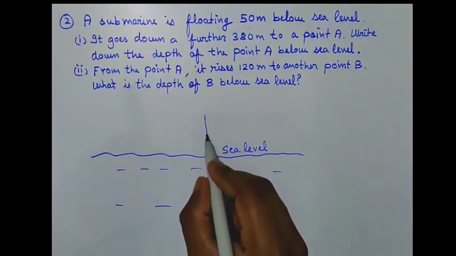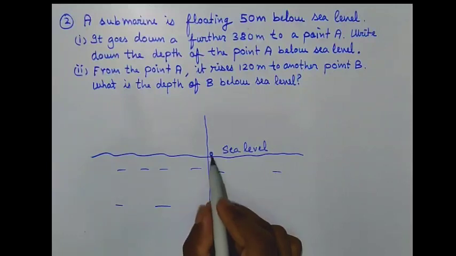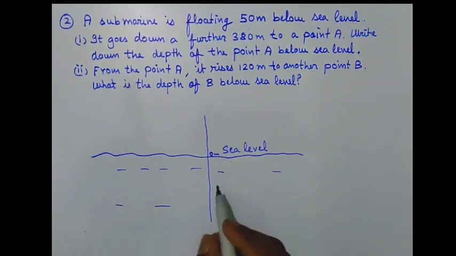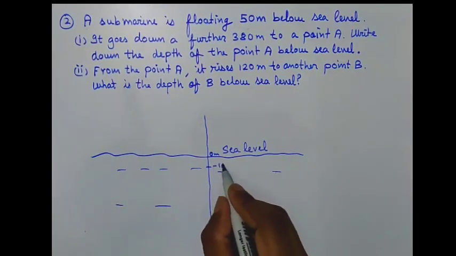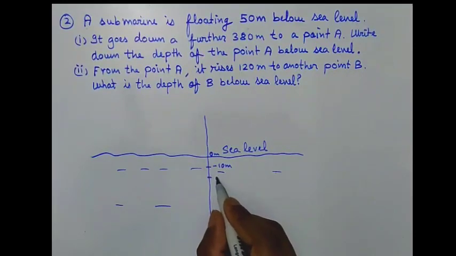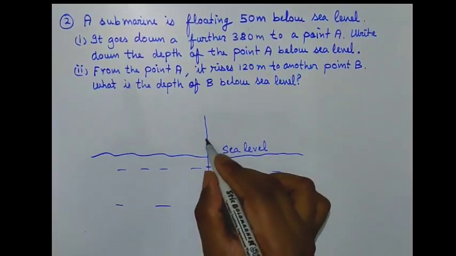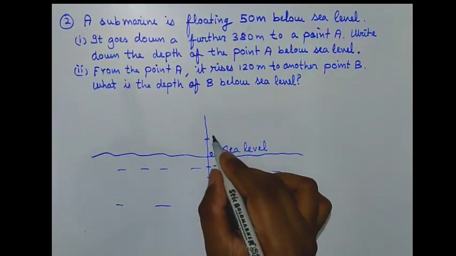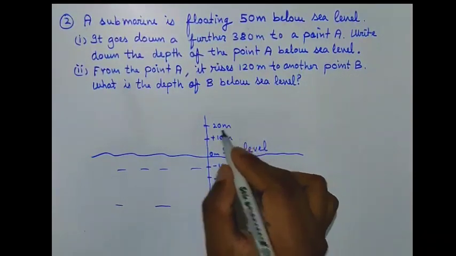If we try to measure the height at the sea level, exactly here it will be 0 meters, and below that we'll have, let's say, negative 10 meter, this height negative 20 meter. So all the measurements down below the sea level will be negative and above the sea level will be positive, like positive 10 meter, or simply we can say 10 meter, 20 meter, and so on.